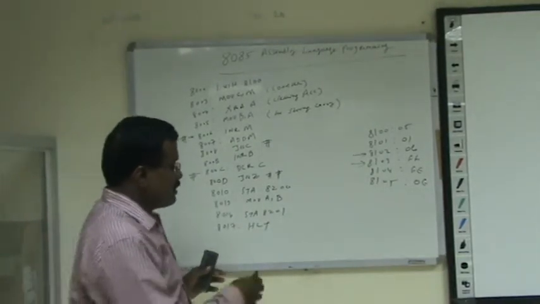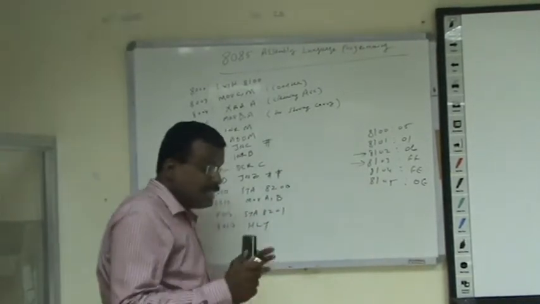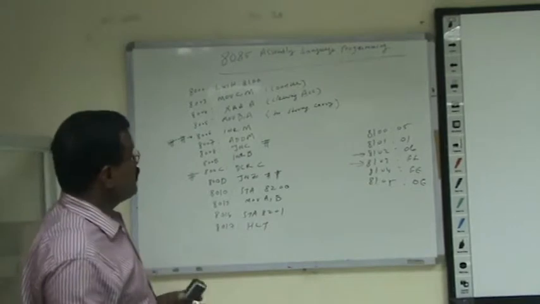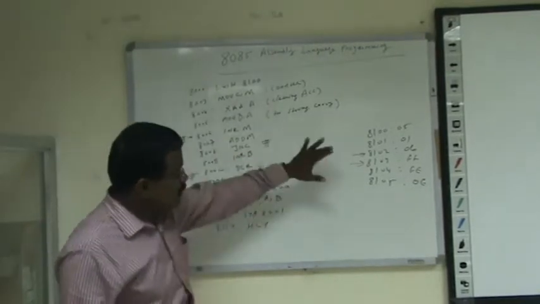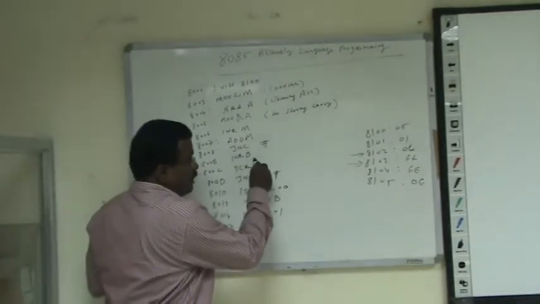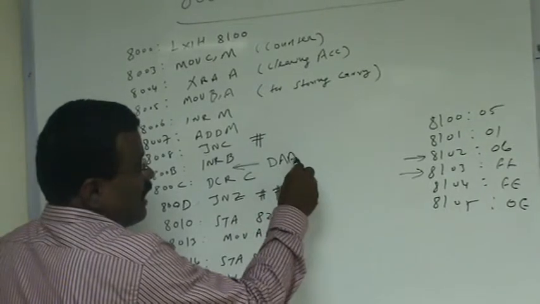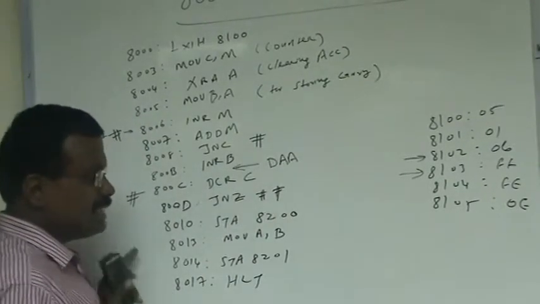So if the question is to write a program to add a set of decimal numbers, in that case the same program can be used as it is. Here after INR B, you have to include one instruction called DAA. This is called decimal adjust accumulator.